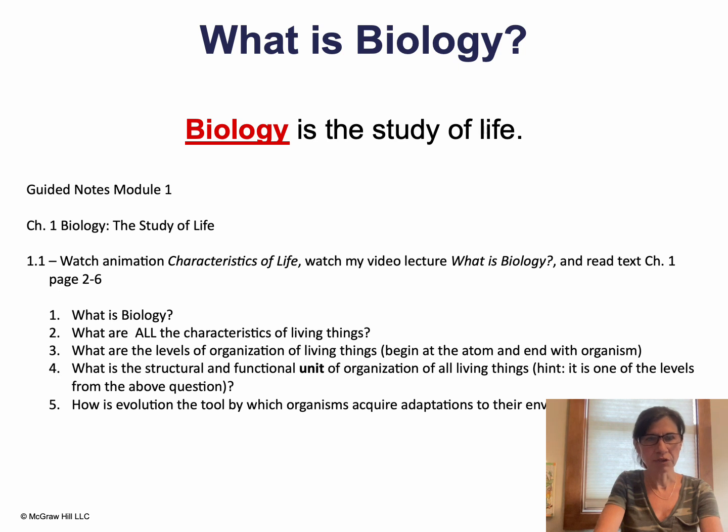What is biology? Bio comes from the root word bio, B-I-O, which means life. And logy is the suffix used to designate the study of. So bio, life, logy, the study of. For example, cardiology: your cardiac system is your heart, so cardiology is the study of your circulatory system.